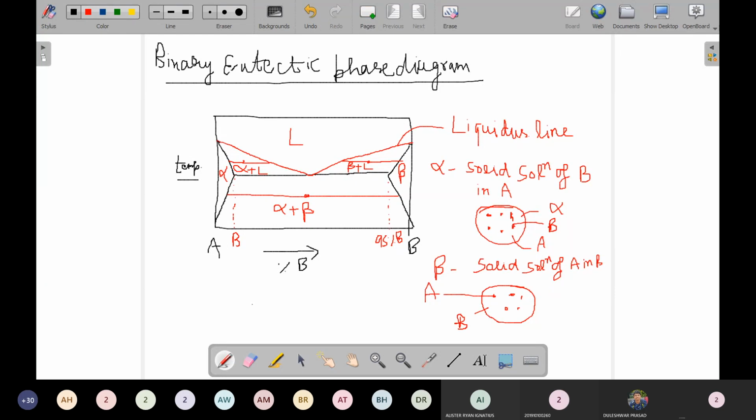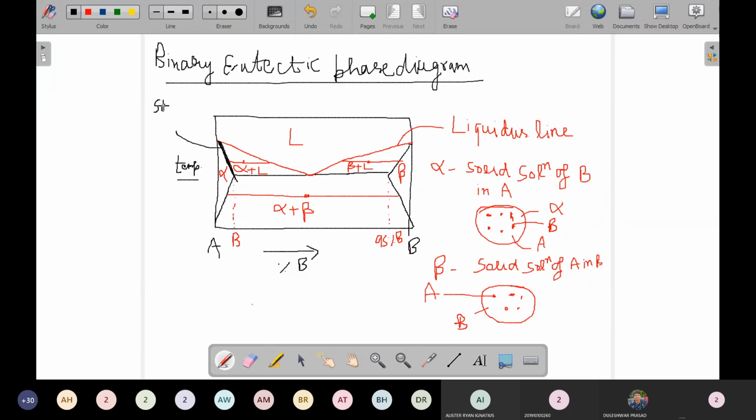Okay, so this line from here to here only, just try to understand, this line separates alpha, one solid phase region, from a region with one solid and one liquid phase. So that's why it is known as the solidus line.